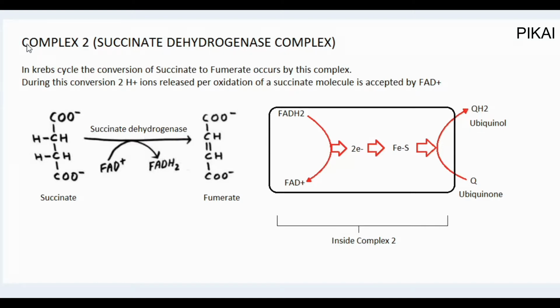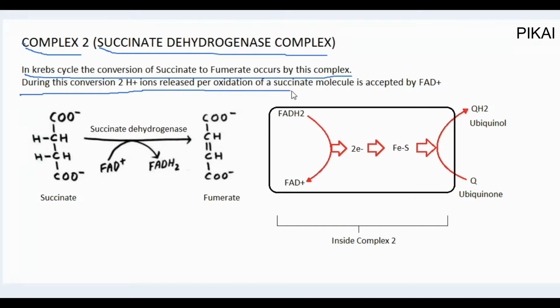As you can see, complex 2, given by its name, is the succinate dehydrogenase complex. In the Krebs cycle, the conversion of succinate to fumarate occurs by this complex. During this conversion, two hydrogen ions released per oxidation of a succinate molecule are accepted by the FAD+, known as flavin adenine dinucleotide.